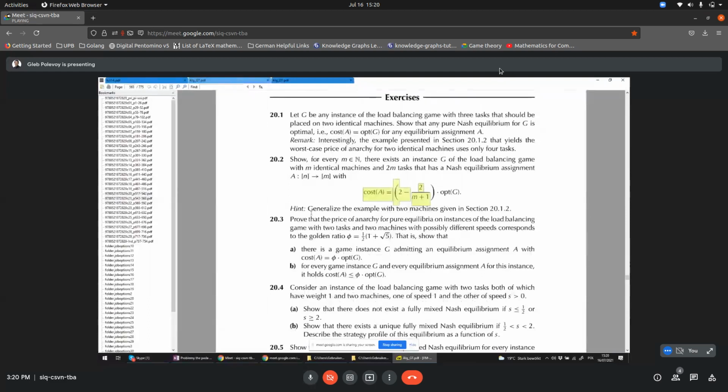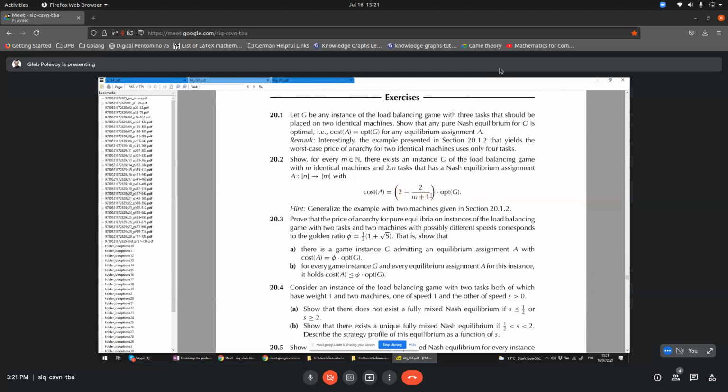Now what I want us to show in this exercise is that this bound is actually tight, so it cannot be improved in general. For any m, there exists an instance of a load balancing game with m identical machines and 2m tasks, such that there is a pure equilibrium costing exactly this factor, 2 minus 2 divided by (n plus 1), times the optimum.